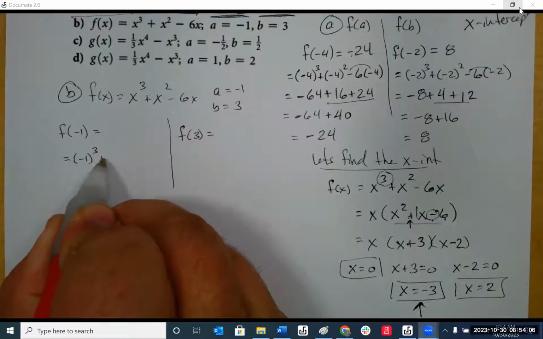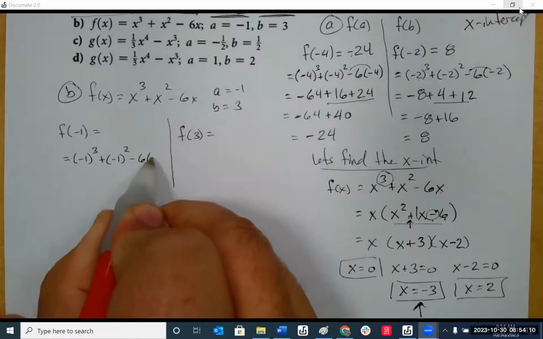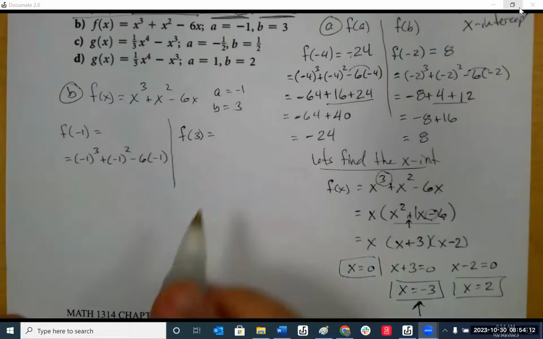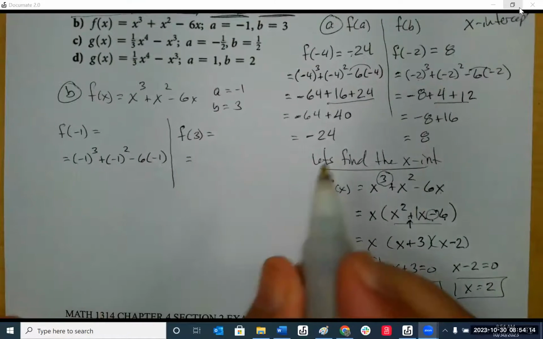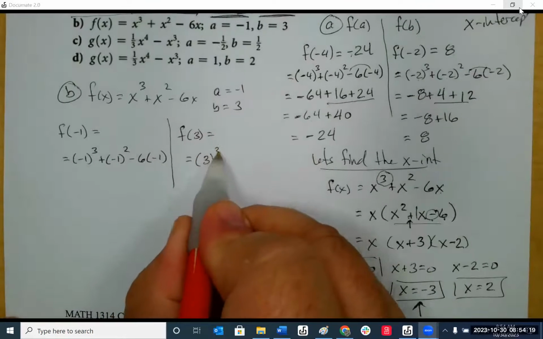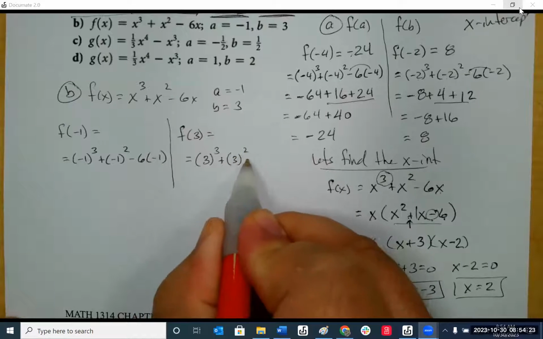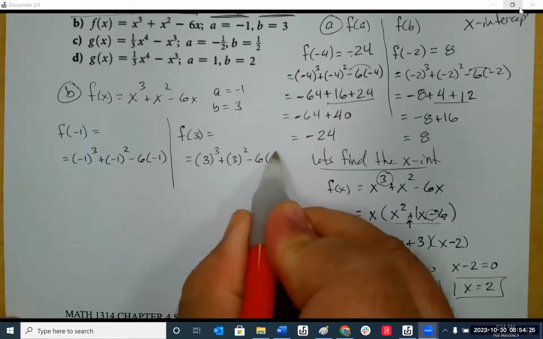Negative 1 cubed plus negative 1 squared minus 6 times negative 1. And 3 cubed plus 3 squared minus 6 times 3.